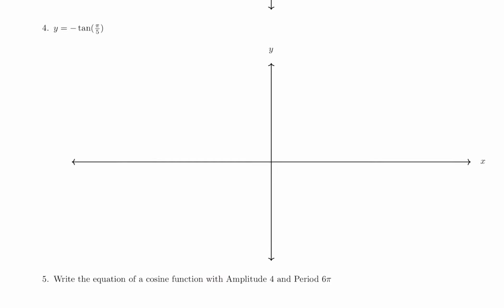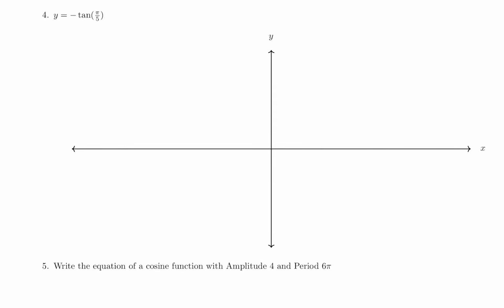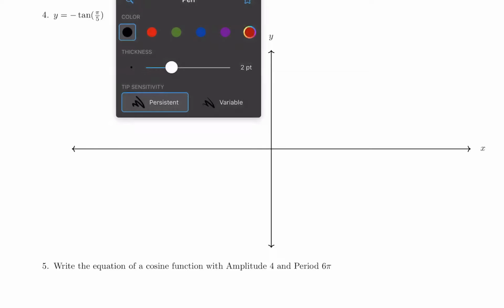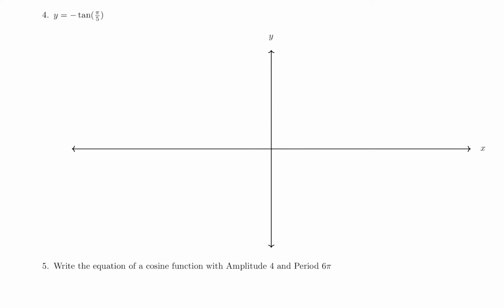Okay. Tangent. Negative tangent of pi over 5 times x. So tangent is a little different because the shape is different and the period is also different.